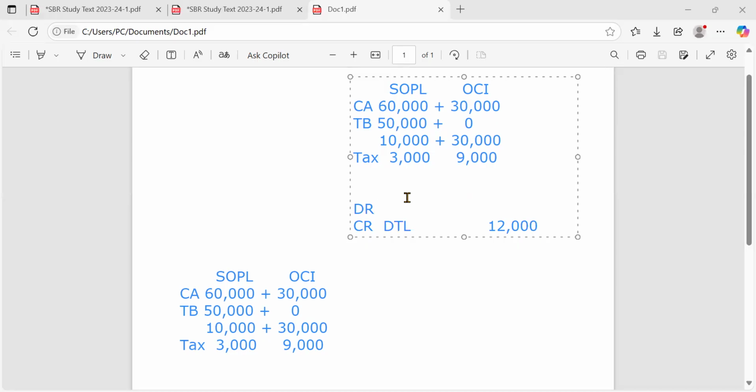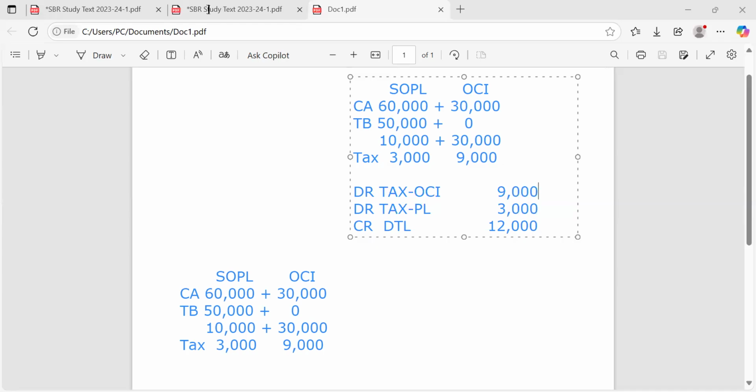So in the statement of profit or loss, I would put the tax as 3,000. And we would have also put here the tax expense in other comprehensive income, which is how much? It is 9,000, right? And this is how it would have been done.